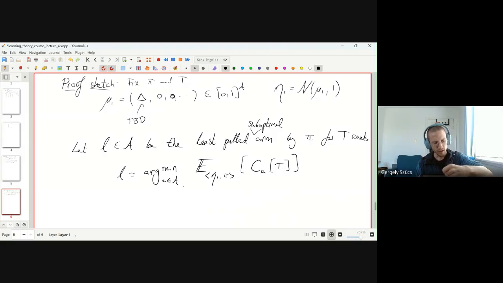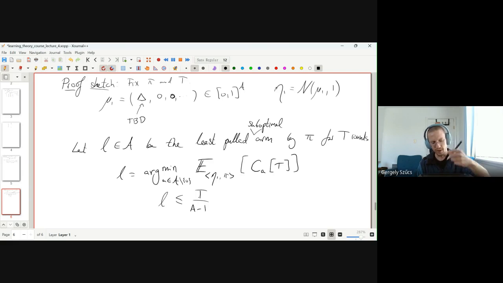So in particular, I want this specifically to be the least pulled suboptimal arm, which I guess might not matter that much, but for precision, let's say this is a non-zero arm. Given this, we actually have that L has to be always less than or equal to T over the number of arms minus 1, because there are A minus 1 suboptimal arms.